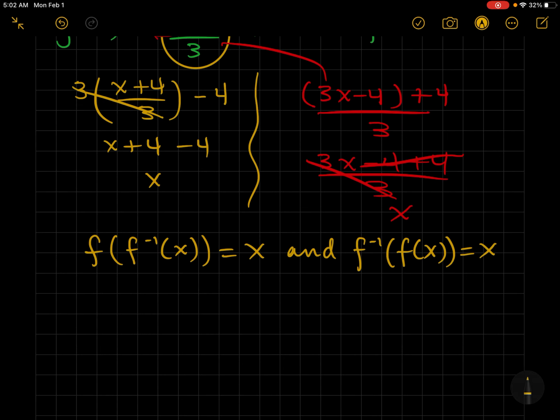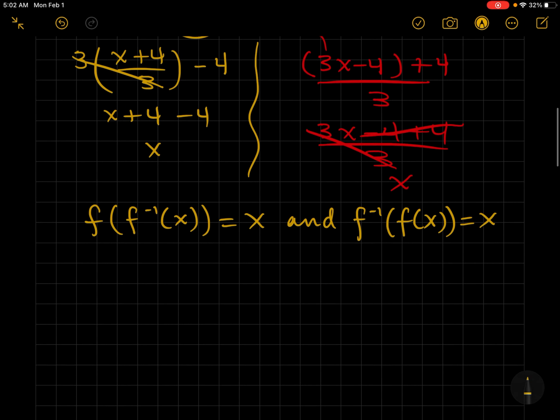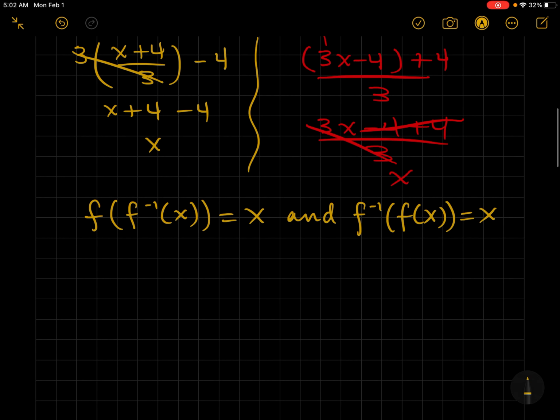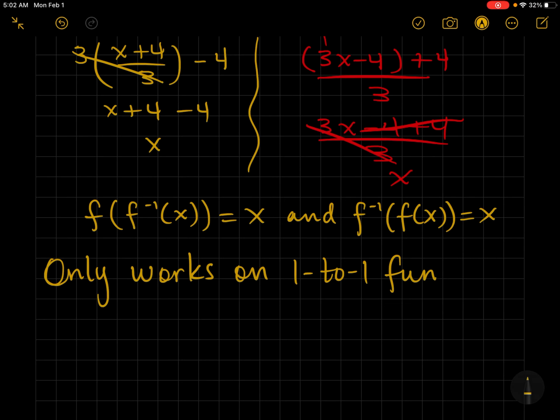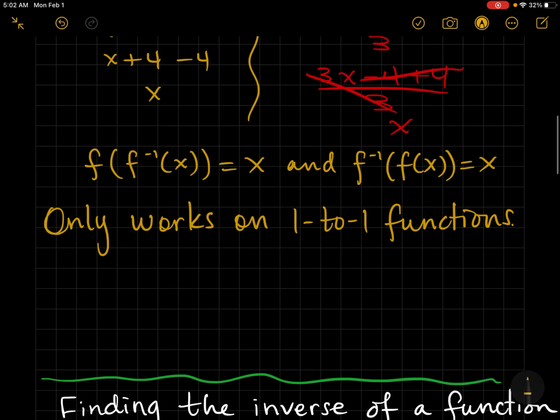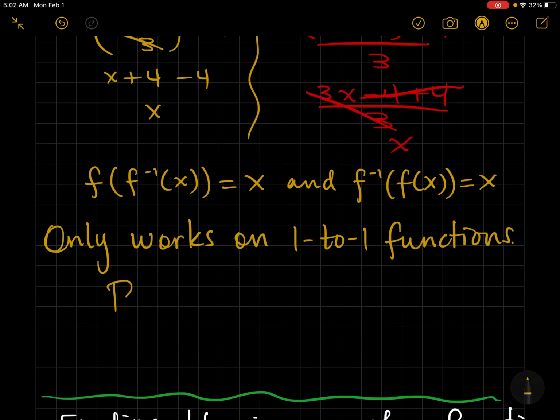So you're not finished with this concept of inverses, and you're also going to learn that this only works on one-to-one functions. I don't know if you remember what a one-to-one function is from Algebra 1, but just remember that one-to-one functions pass the vertical and horizontal line test.